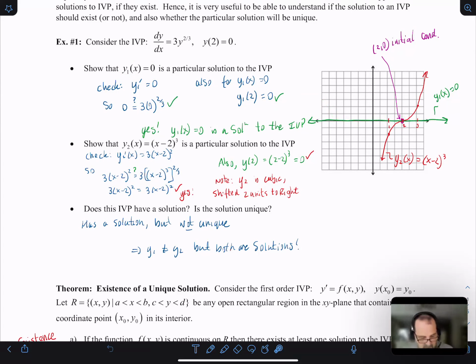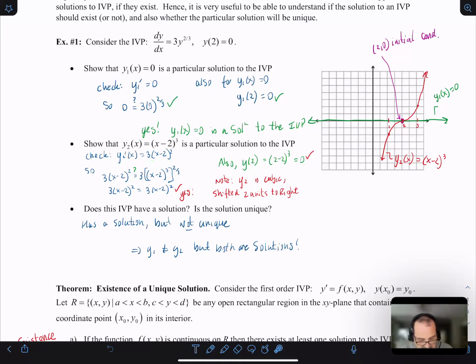The second bullet point is, does the function y2 equals (x minus 2) cubed solve the same initial value problem? We can check. This is less trivial, but not too difficult. We will need to get y2 prime. If the 3 comes down in front, we get 3 times (x minus 2) squared as our derivative.